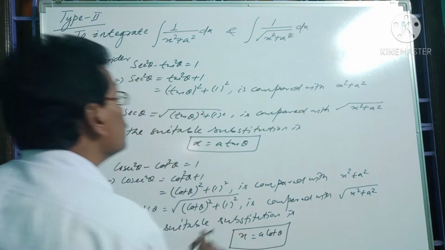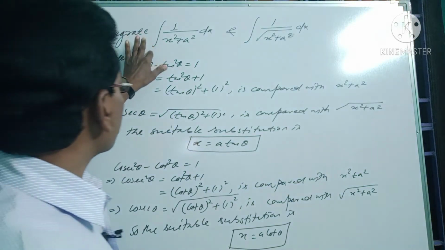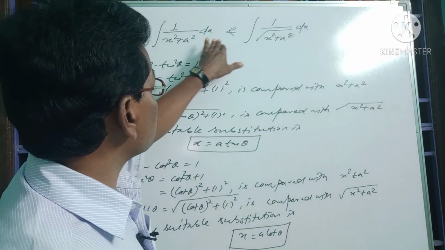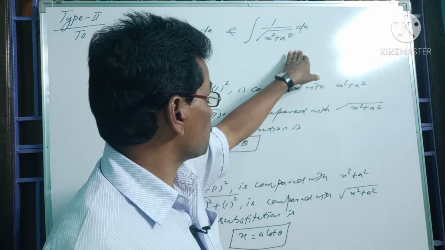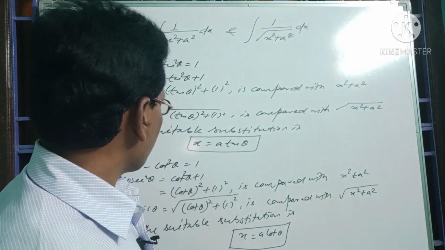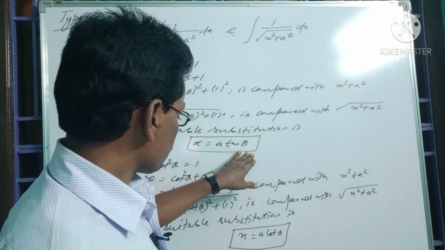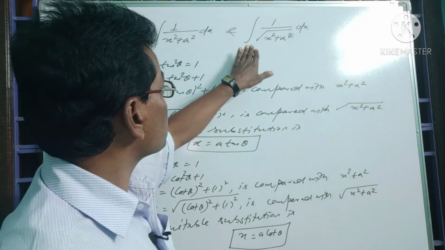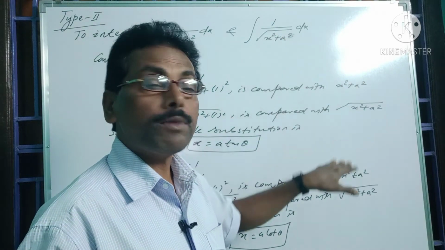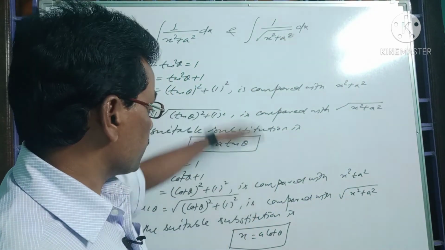So in the process of integrating, integration of 1 by x square plus a square with respect to x and integration of 1 by root of x square plus a square with respect to x, we can substitute either x is equal to a tan theta or x is equal to a cot theta, so that both the integrals will transform into standard form and we can easily integrate both the integrals.